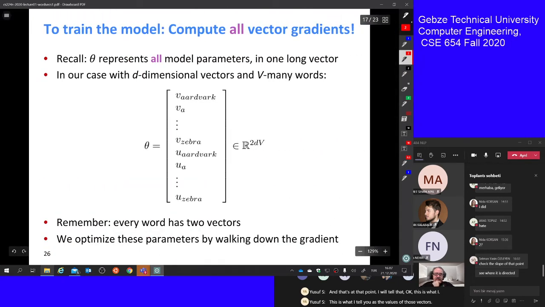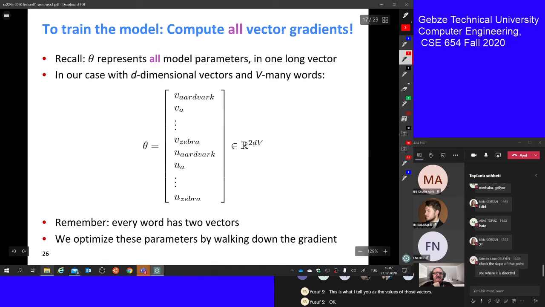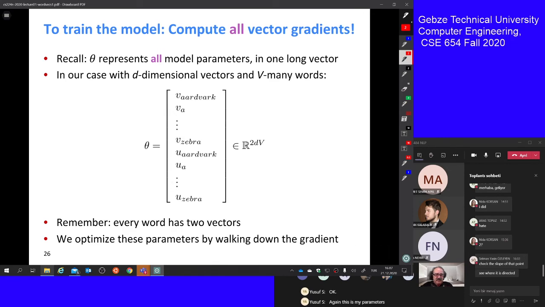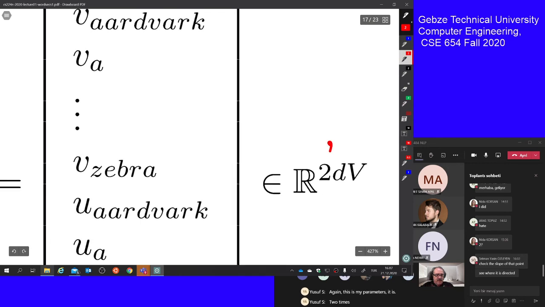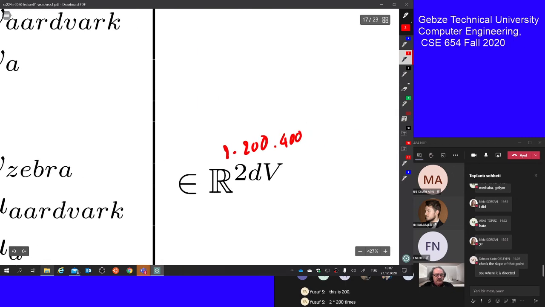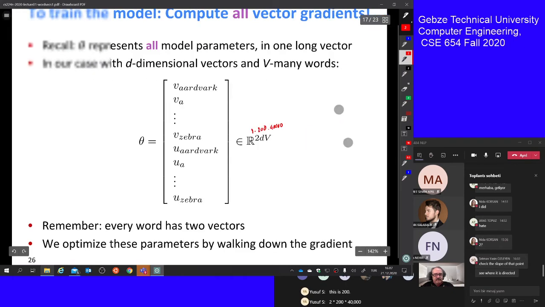Okay, again, these are my parameters. It is 2 times 200 times 40,000, a very large space.